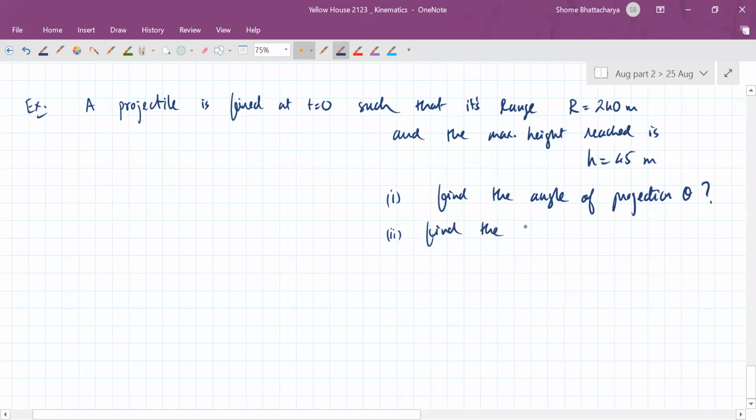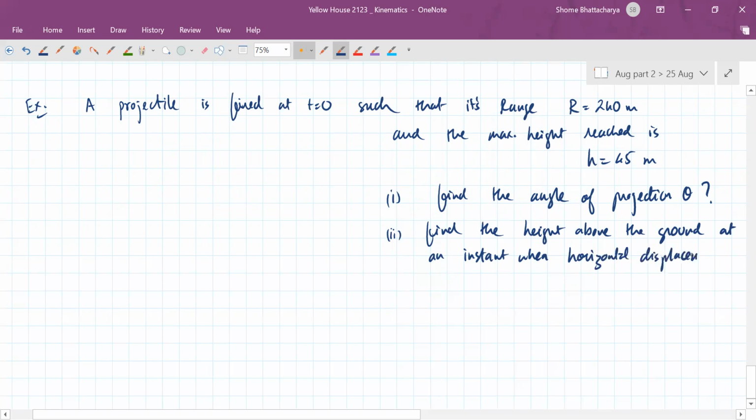We also want to find the height above the ground at an instant when the horizontal displacement is 180 meters.